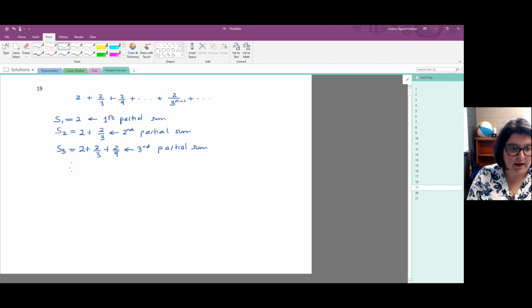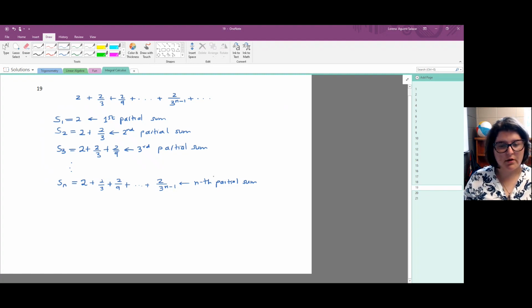In general, to get the nth partial sum, we add the first n terms of the series. So we have the first one, the second one, the third one, and we continue like that until we add what we found was the nth term of the series, 2 over 3 to the n minus 1. That's the nth partial sum of the series.